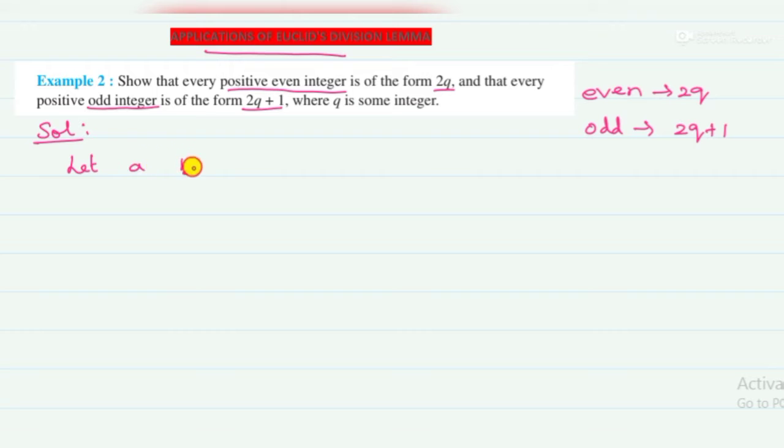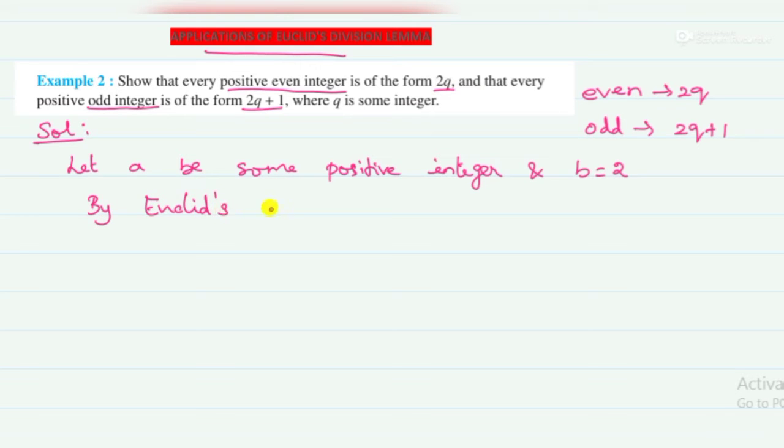Let us consider a be any positive integer, and let us consider b is equal to 2. In the question it is given as 2, you have to show it in the form of 2q or 2q plus 1. So let us consider b value as 2. By Euclid's algorithm, we can write a equal to bq plus r, where 0 is less than or equal to r less than b.